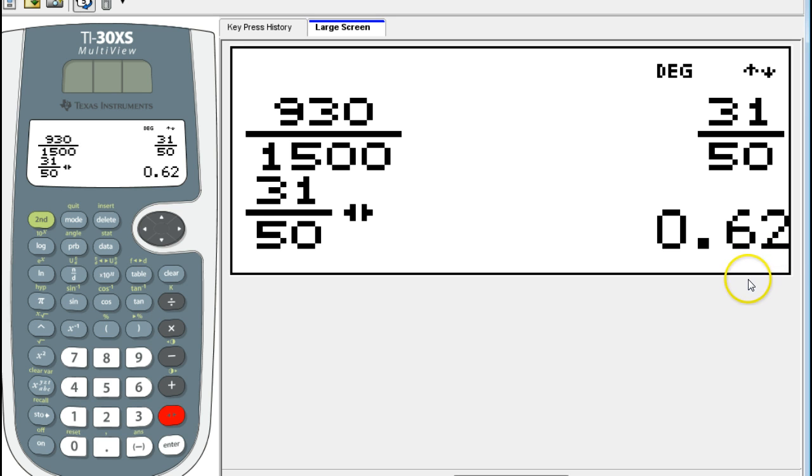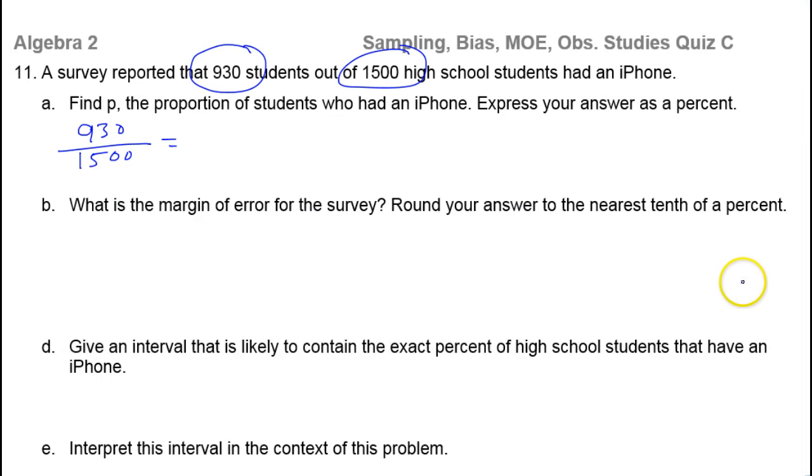Okay, so what is that as a percent? That's 62%. All right, so that's the proportion that I'm talking about. Okay, 62%. And then now we'll use that number the same way we used the 28% on the previous problem.